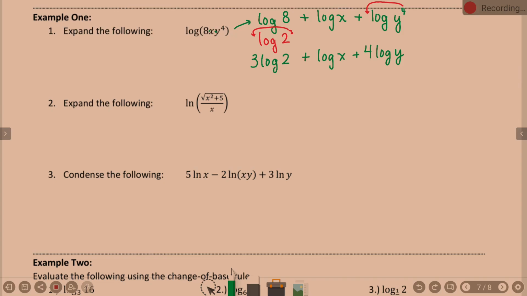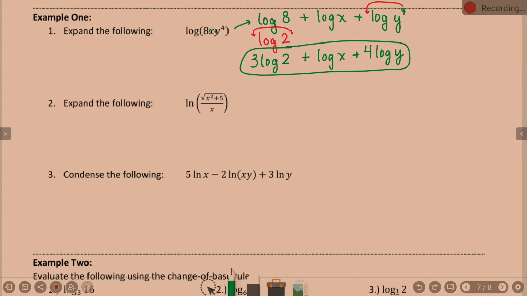Okay? My other options were a quotient rule, which I had no quotients, and as I said, change of base rule doesn't really have a play in what we're doing here for the most part. Okay? So, this would be your expanded version.